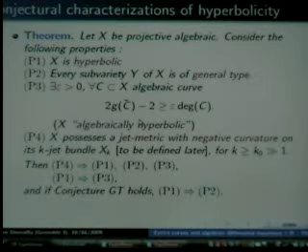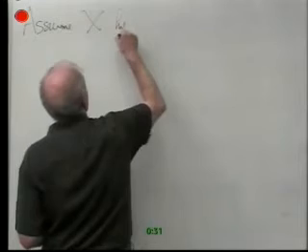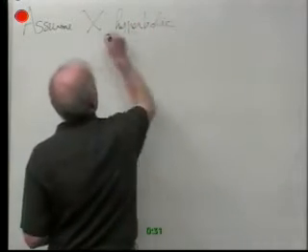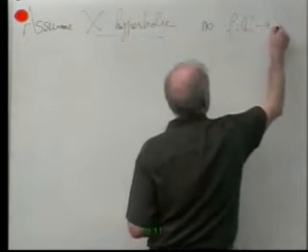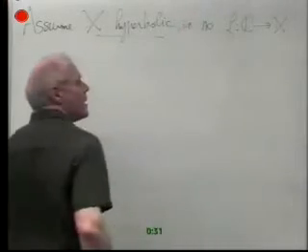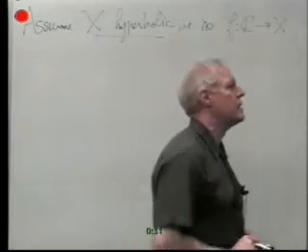Now, P1 implies P3. Maybe I should comment on this, because it is easy to understand why this holds true. You assume that X is hyperbolic. This means that you have no map from the complex line into X. And now you assume that you have a sequence of curves which contradicts estimate P3.